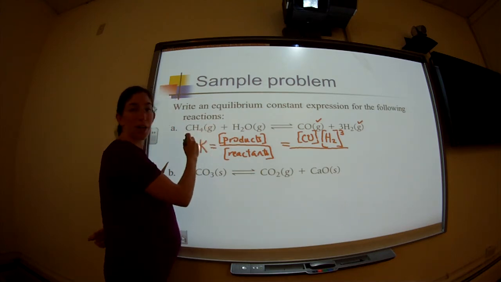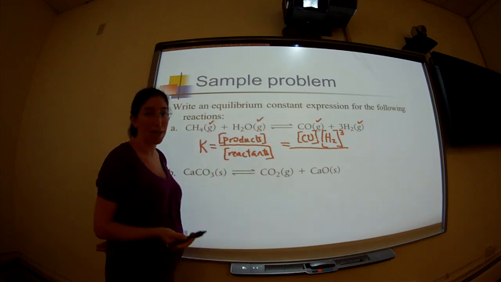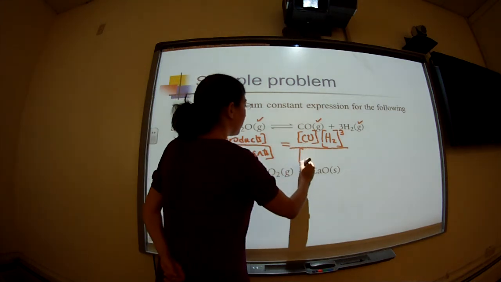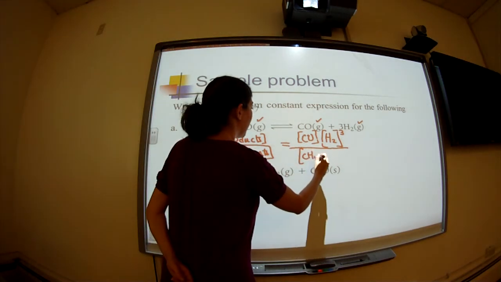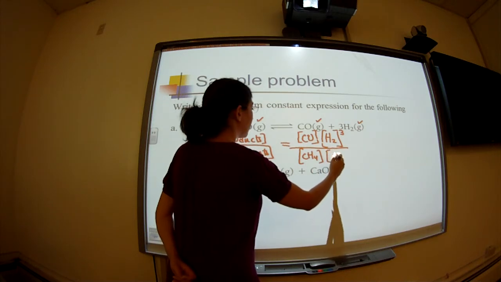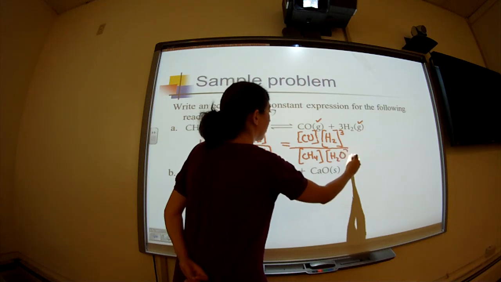Same thing here. Now let's look at our reactants. Let's first check, are they gases or aqueous? Yes, they are. So they both need to go into our expression here. CH4, no coefficient, so no power, and H2O.